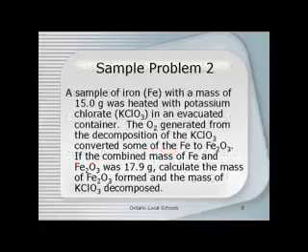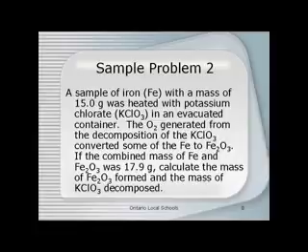Let's look at a second problem. Here we have a sample of iron with a mass of 15 grams, and it's heated in the presence of potassium chlorate in an evacuated container. What that means is there's no other gas or no gas at all in this container. It's a vacuum. So the O2 generated from the decomposition of the potassium chlorate converted some of the iron to iron 3 oxide, Fe2O3.